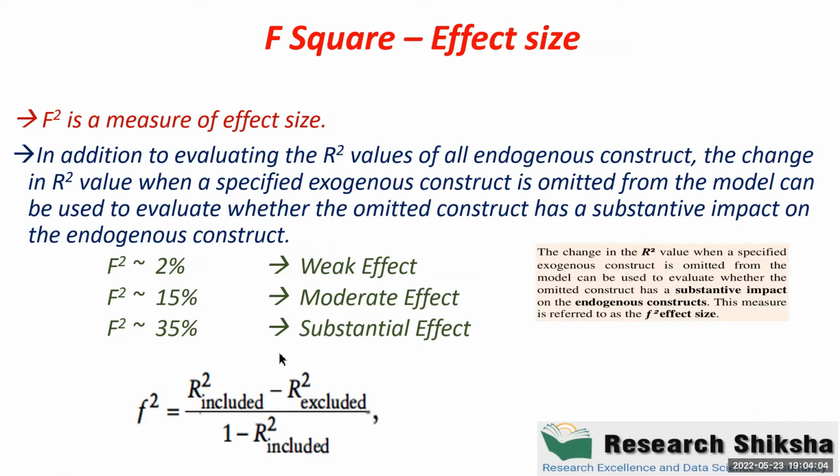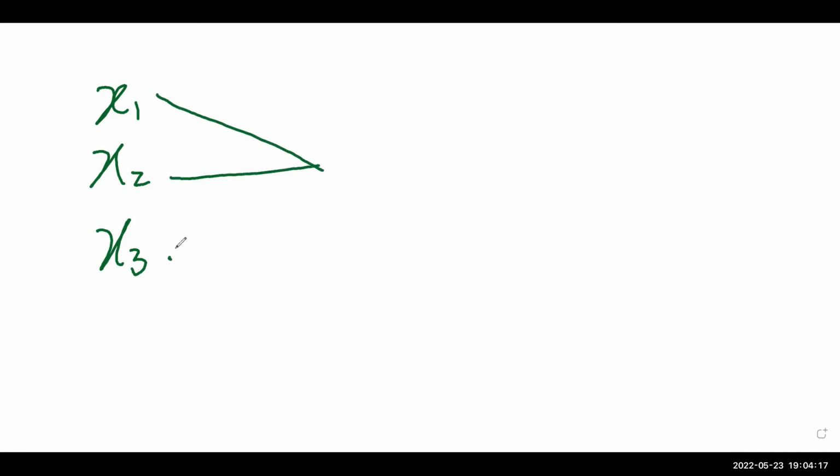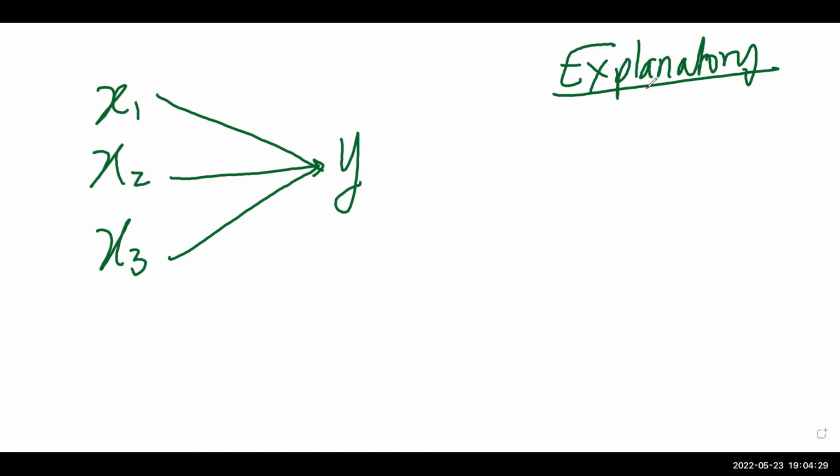First of all, listen to this example. Okay, we have x1, x2, x3, three variables, and these three variables are impacting y. Now, if I ask you what is the explanatory power of y, you can tell me the value of R square.